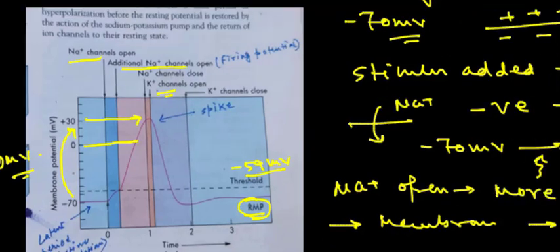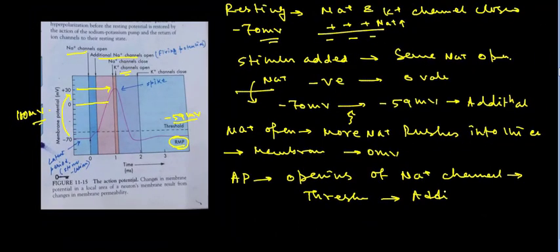So the action potential is generated by opening of the Na+ channel. When this surpasses the threshold potential, additional Na+ channels will be opened. So the Na+ channel is responsible for generation of the action potential.